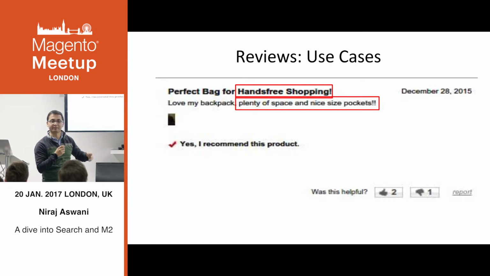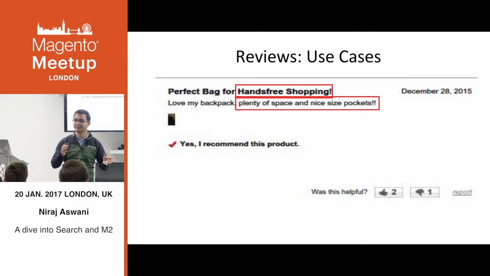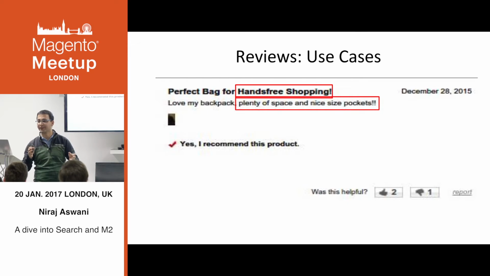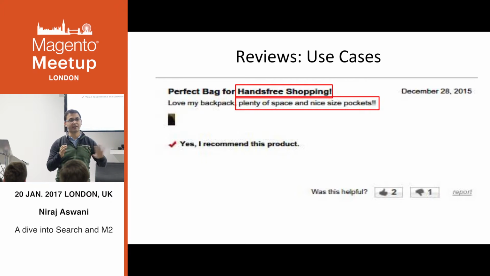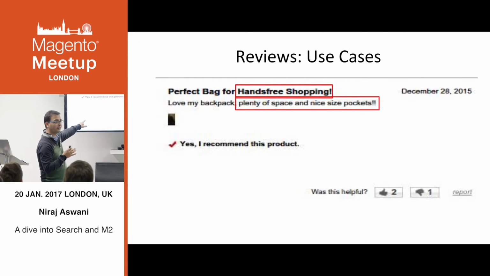Now if somebody comes, this is like a symptomatic search, and says that I'm looking for a bag which has plenty of space in it or big pockets. Now if this information is not available in your catalog, forget about it. Your system cannot show that. But if you've got reviews, you can process them, you can index this information, and the search will help in getting that product back to the customer.